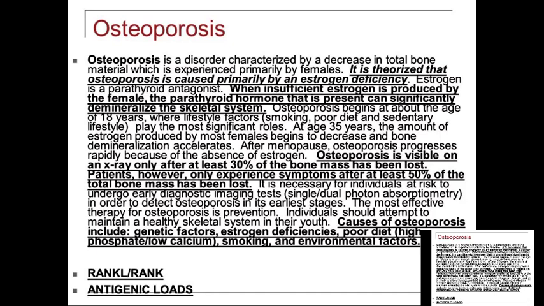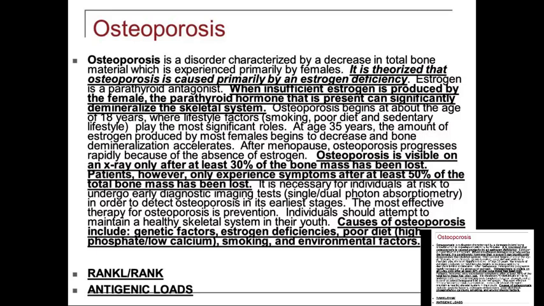When insufficient estrogen is produced by the female, the parathyroid hormone that is present can significantly demineralize the skeletal system. Osteoporosis can happen at any age. I'm starting to see it in younger and younger women today due to poor lifestyle habits, more sedentary living, more smoking, oral contraceptives, poor diets, and an increased antigenic load.